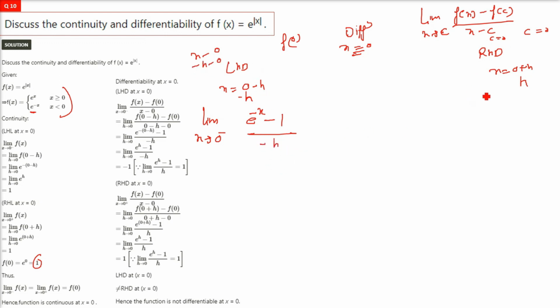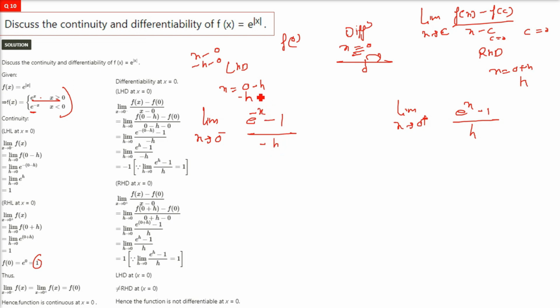Okay. This also, but limit x tends to 0 plus. And 0 plus means we have f(x) minus f(c) again. The function will be different. It will be e raised to x in this case, because we are going on the right hand side, which is x greater than or equal to 0. So e raised to x minus 1 divided by h. And I'll just replace x by h.